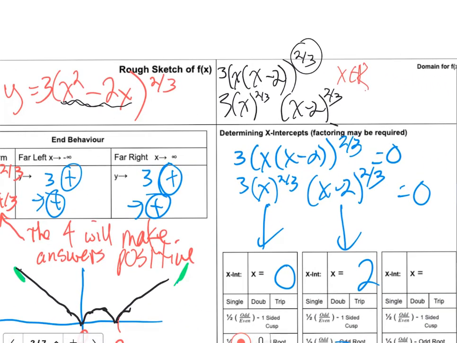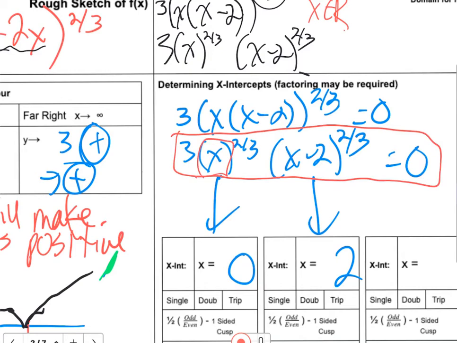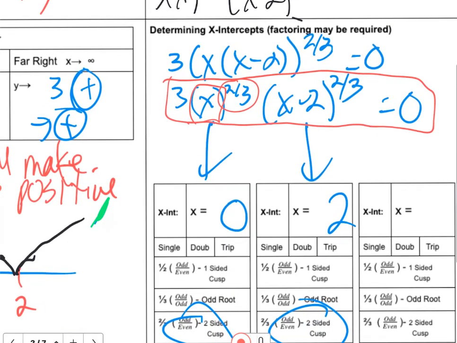Okay, determining the actual x-intercepts. So let's do that. I've already done the factoring above, so I'll just show you right here once we've factored it. The first x-intercept is x equals 0. That's the solution to that. And then when we look at that, it's x to the 2/3, which is a two-sided cusp.